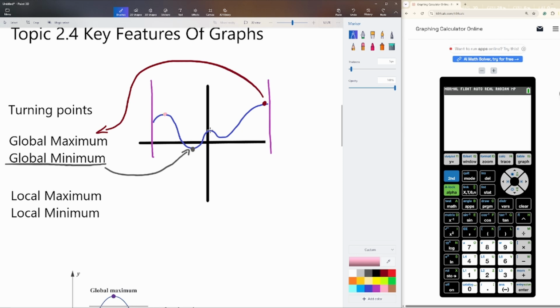This is actually a very easy way to understand where your local maximums are. The difference between global maximum and local maximum is that there can be multiple local maximums. You can have one here, as it's also, if you look to your right and left, the points are going down. And the global maximum, there can only be one, meaning that it has to be the biggest of the biggest. However, local maximums you can have all around in your key features of graphs. The local minimum is quite the same.